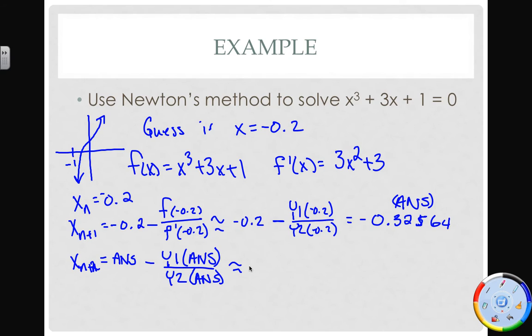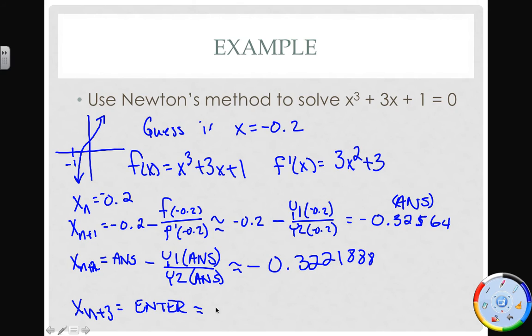And in this particular case, I get -0.3221888, blah, blah, blah. Now, here's the super cool part. As soon as you've done this, x of n plus 3, all you have to do is hit enter. And if you hit enter again, it's just going to do the same calculation with the answer that it just gave you.